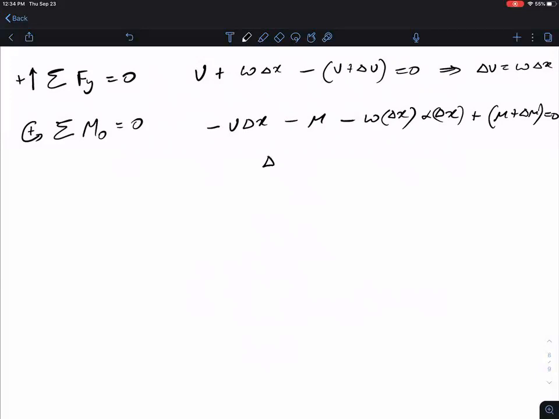If we solve that equation, we get delta M is equal to V times delta x plus omega alpha delta x squared.